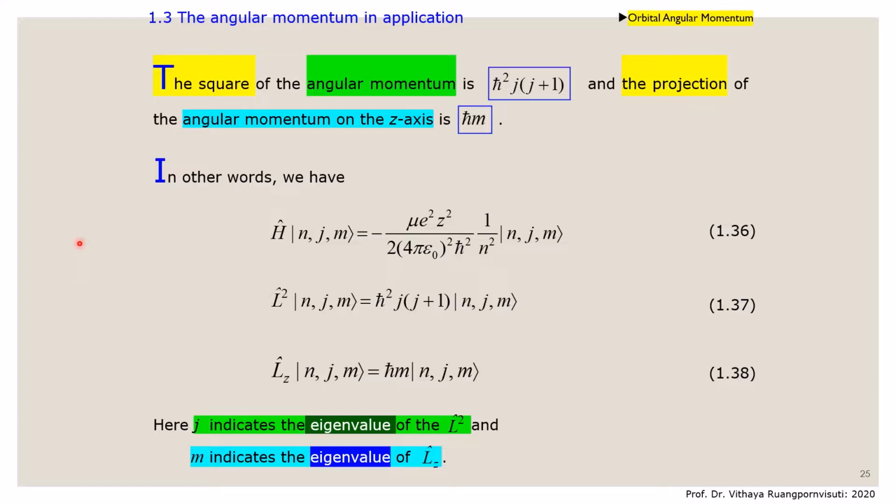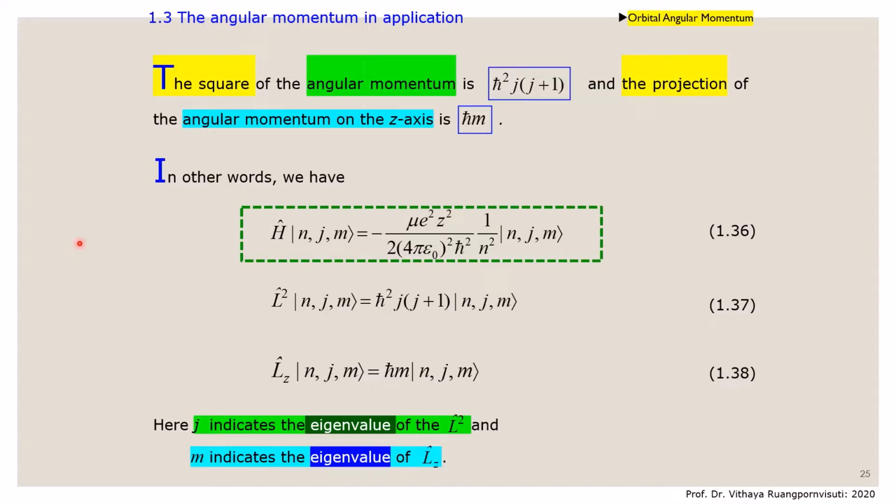The Hamiltonian operator operating on the state n j m gives the value shown in equation 1.36.